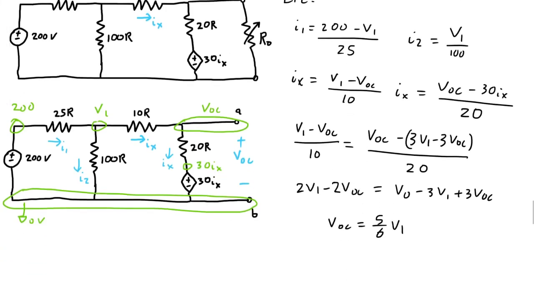So we're going to have 200 minus V1 over 25 equals V1 over 100 plus V1 minus 5/6 V1 is 1/6 V1. So let me go ahead and put the 6 in the denominator.